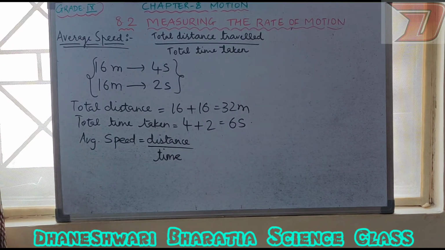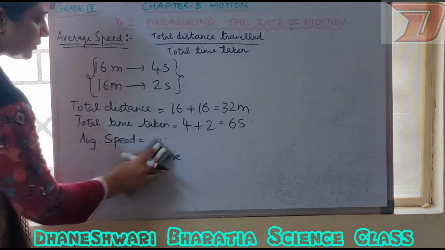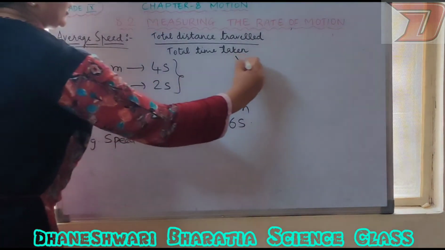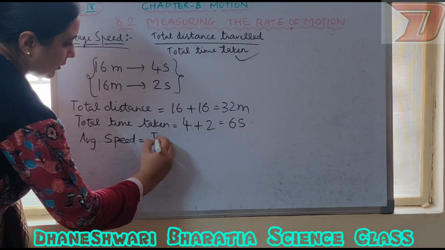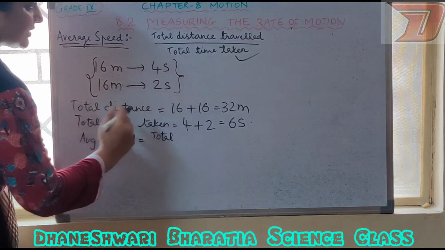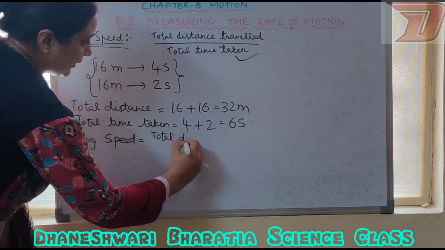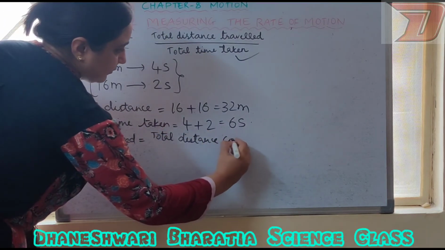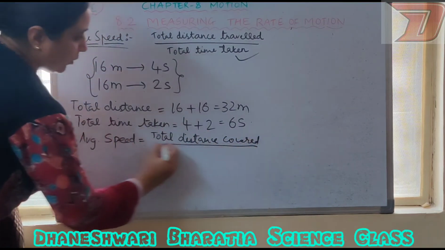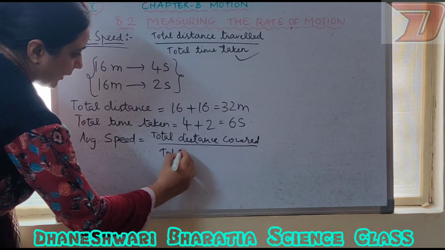Isn't it? Here we are finding average speed. So here what formula do we have to use? We have to use this formula, isn't it? Because we have done the totaling first, because different distance and time were given. Am I clear? Total distance covered upon total time taken.